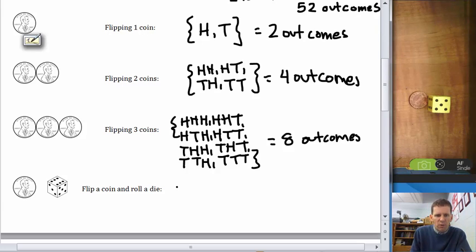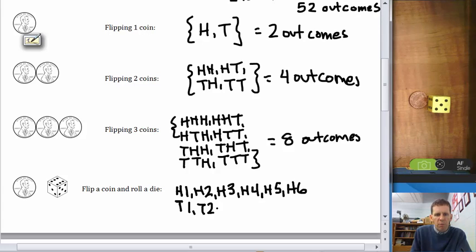If you start with heads first, you could go heads with a 1, heads with a 2, all the way up to heads with a 6. And then similarly, if you flip a tail first, you could roll a die with a 1, 2, 3, 4, 5, or 6 in it. Now, one question you might ask is, could you flip them around? Could you say 1H and 2H?